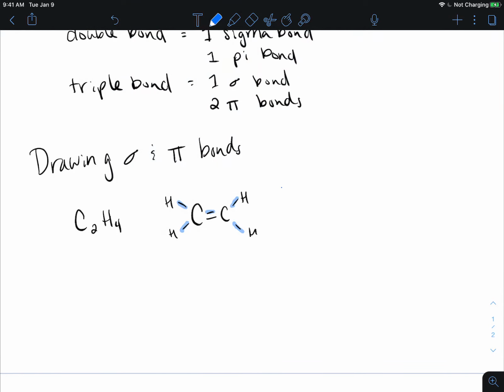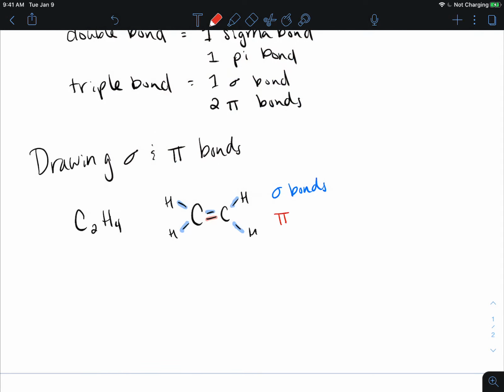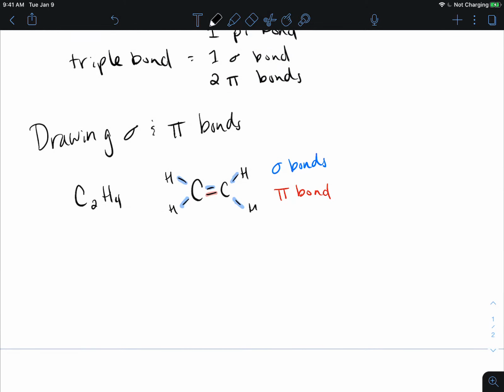So we have our sigma bonds in blue, and then our pi bond in red. When we actually draw this out as orbital overlap, we would have direct overlap between each of our atoms.